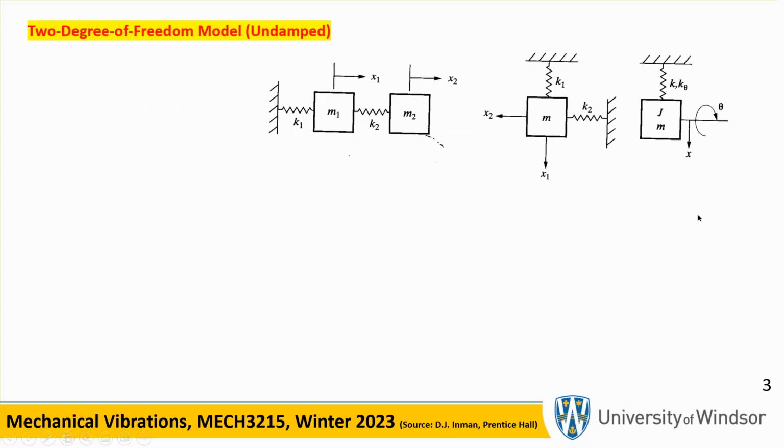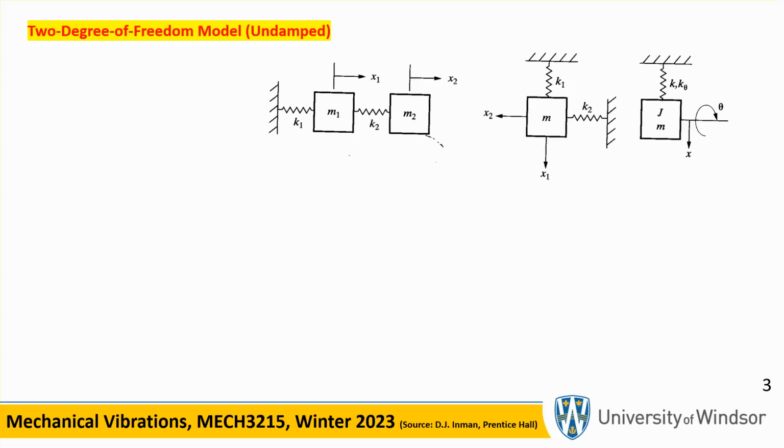Now let's consider these two masses, and they are attached like that, and each one of them can move by the amount x1 and x2. Just the very fact that you have two masses doesn't necessarily mean it's a 2 degree of freedom system. The degrees of freedom means the minimum number of independent parameters that determine the position of the system as a whole.